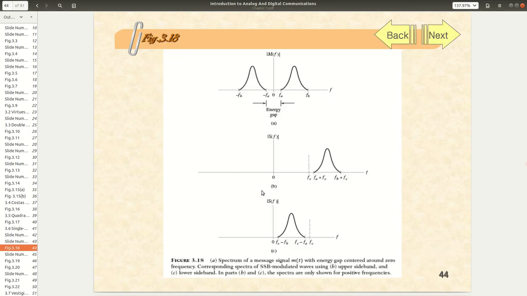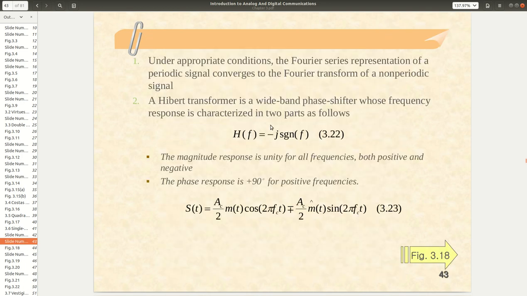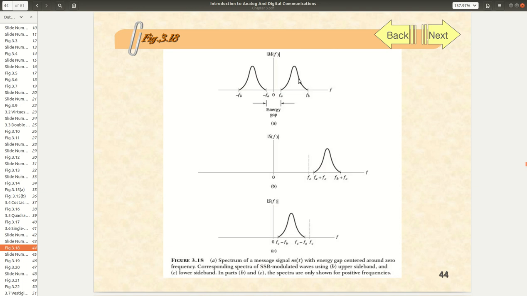Now let's see here. This is the signal that I want to send, M of f. This is the two sideband. So in order to use the single sideband, I have to have a signal with a difference or a gap between the two sides, so I can recover it. This is the upper sideband, a different shape of the signal.